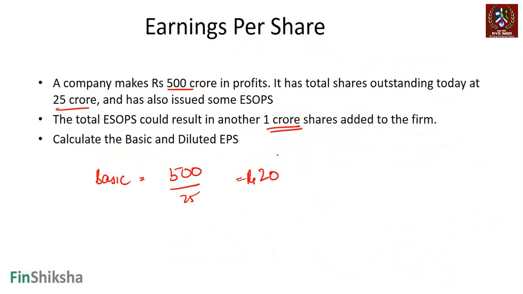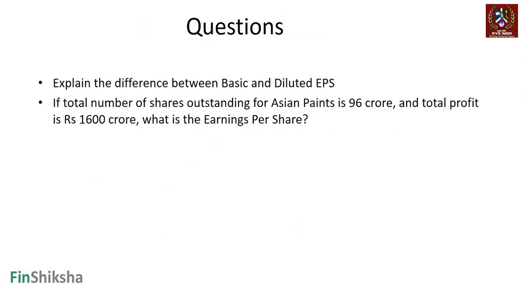ESOPs could add another 1 crore shares. So the diluted EPS would assume what happens if this another 1 crore shares come. So 500 by 26, and when you divide, that will be rupees 19 point something approximately. That's your diluted EPS that you have calculated. That's how you go about looking at earnings per share in terms of basic and diluted EPS, right?